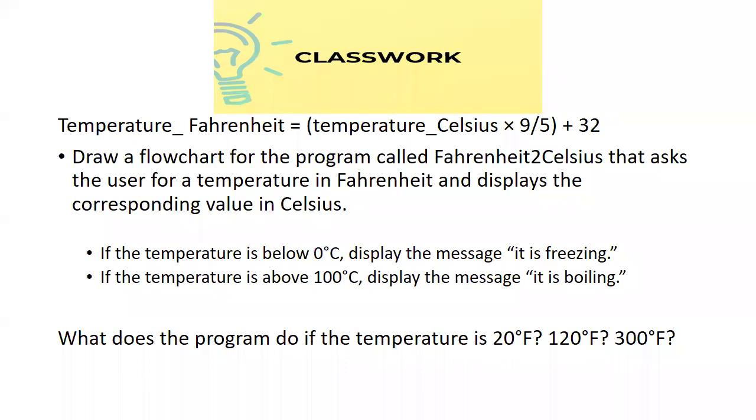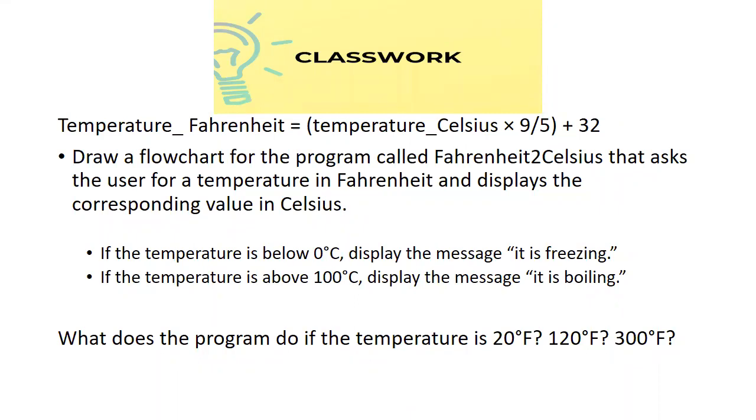If that was false, it's not less than 0 degrees, then we could do a test to see if the temperature was bigger than 100. And if it's bigger than 100 degrees Celsius, then we could have an output of boiling. And if that's not true, then it's just nothing. I just tried to simplify that. Don't worry about the calculation, but we get something like that.